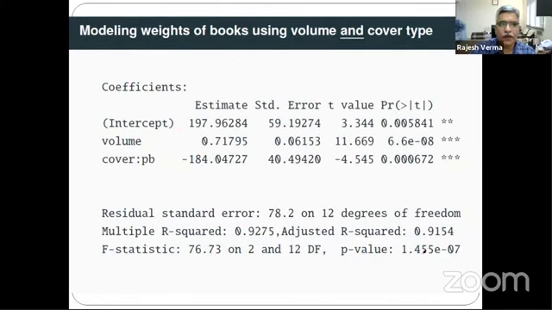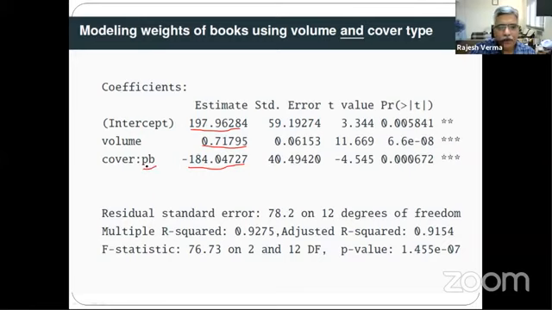When we model the weight of the book using volume and the cover type, it will become a multiple linear regression. Here again we have an intercept, we have the slope for volume, and we have one slope for the cover. We have cover, and we have a reference here.